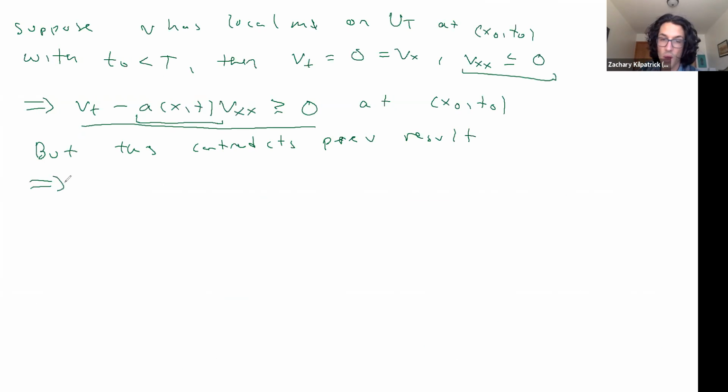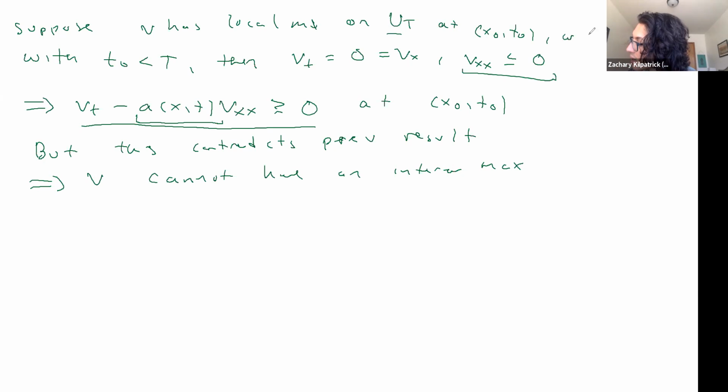This implies V cannot have an interior maximum. Sorry, let me back up here. It cannot have a local max on U sub t, but I'm going to say this only holds for t less than capital T.